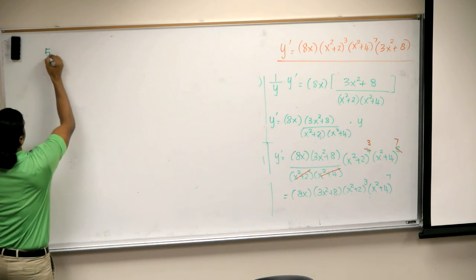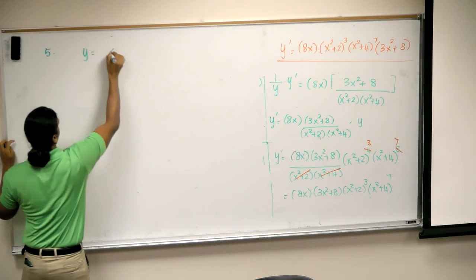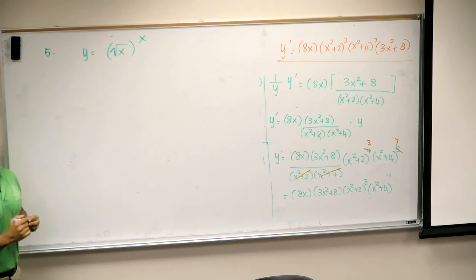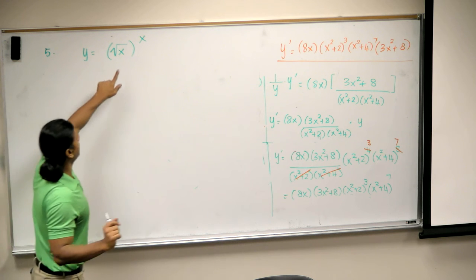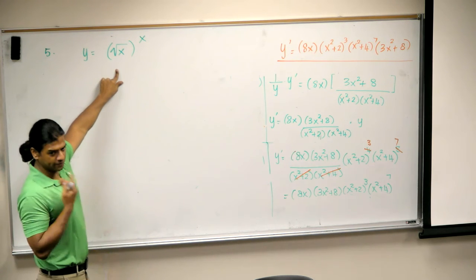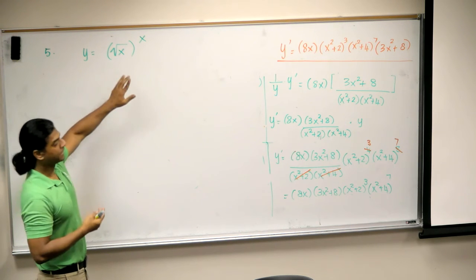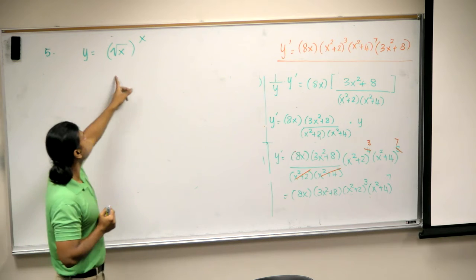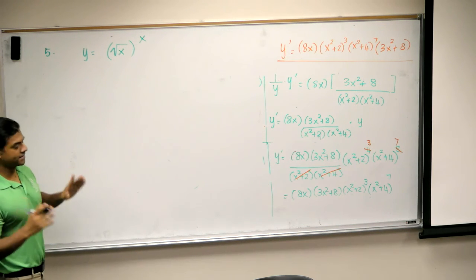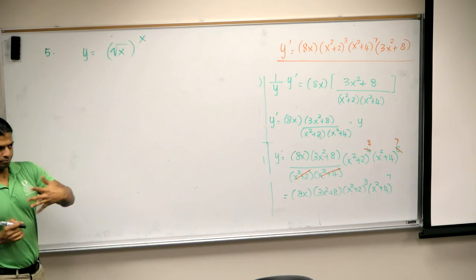So root x is the function, and the power is also a function, it's not a constant. Do you agree? So this is a case where you have a function in the exponent of another function. So the very first thing to do is to take ln on both sides.